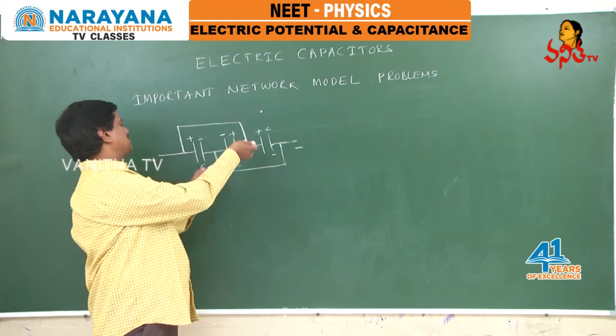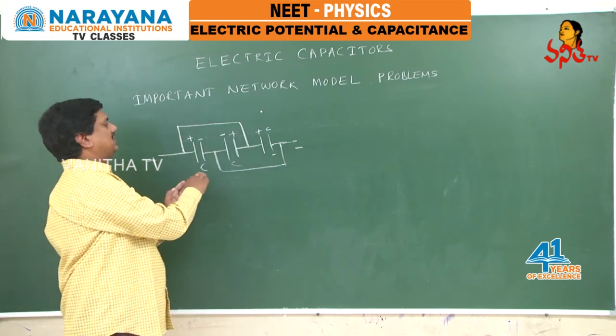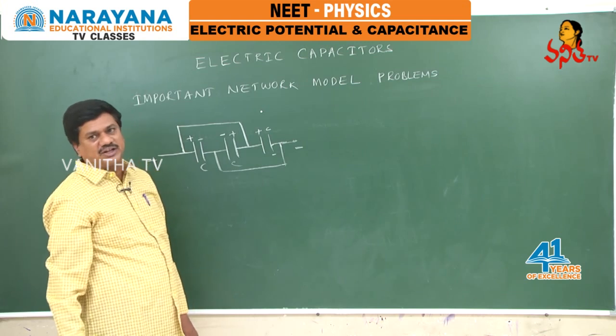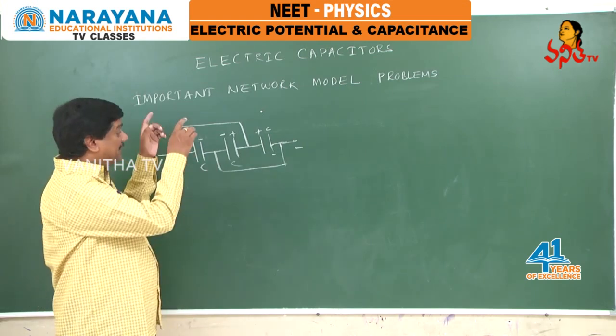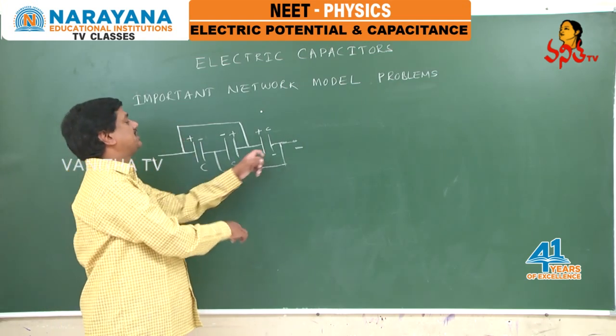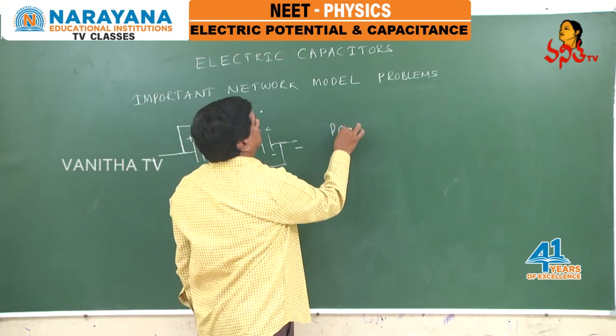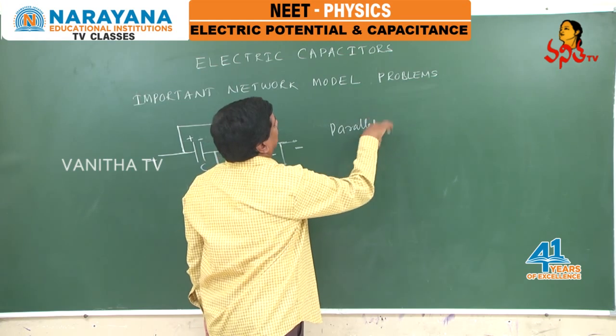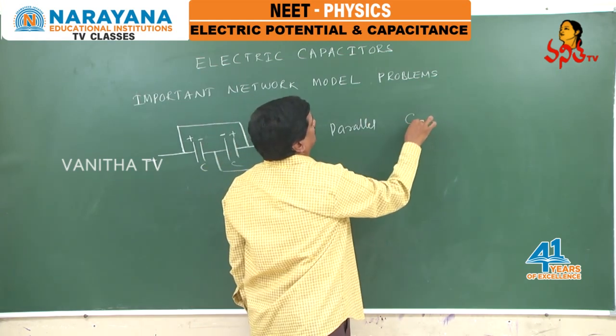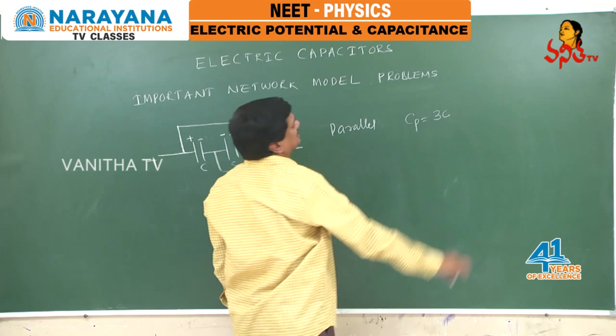So all the positive plates are connected to the positive terminal and all the negative plates are connected to the negative terminal. It appears to be a series combination, but it is practically a parallel combination. In a parallel combination, as all of you know, the effective capacitance is the addition of these, 3C.